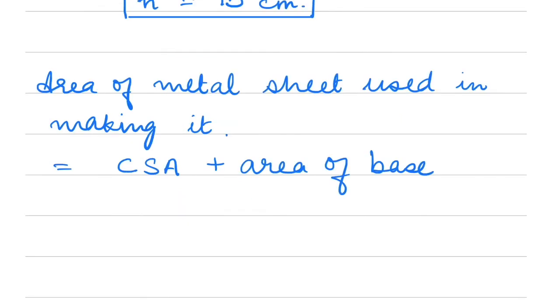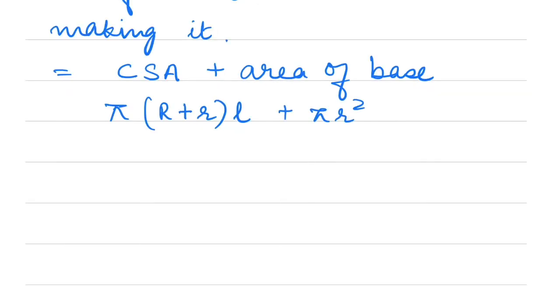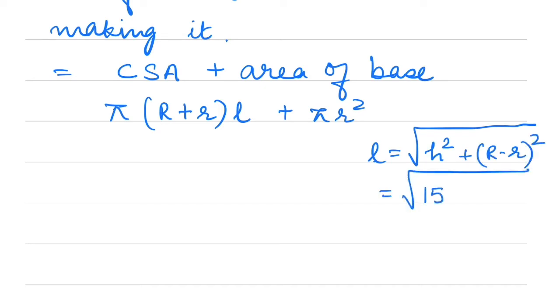So curved surface area for frustum is pi into R plus r into L, and plus area of the base is pi r square. Now let's find out L first. L is equal to square root of h square plus R minus r whole square. Height we got as 15, so 15 square plus 20 minus 12 whole square.